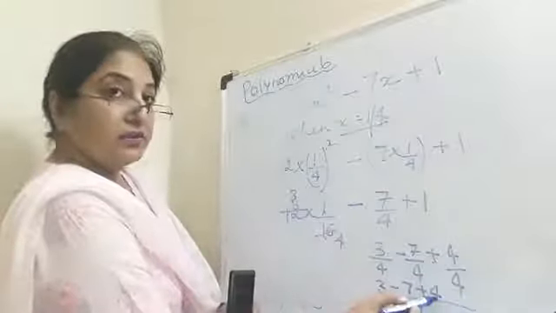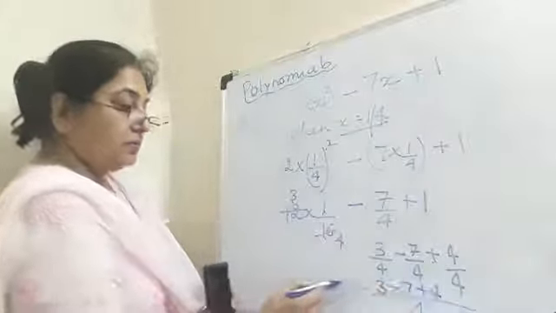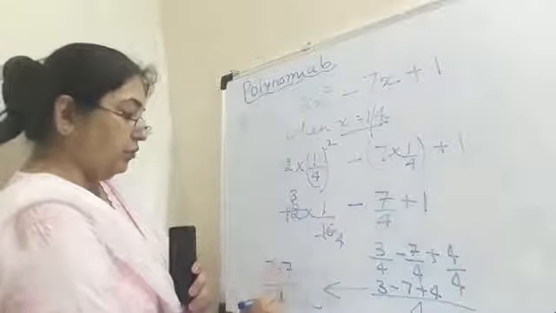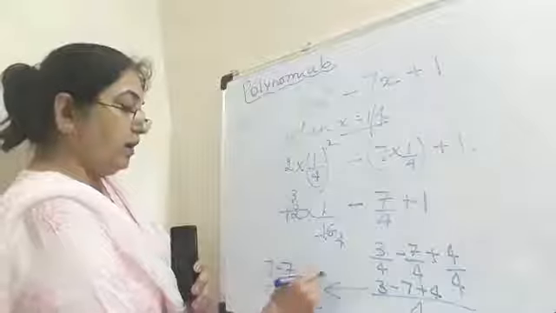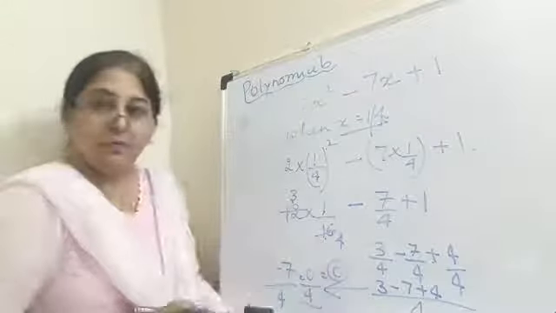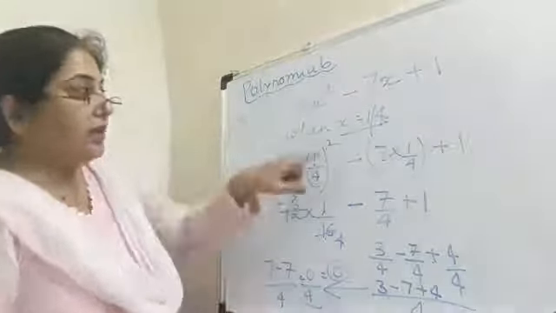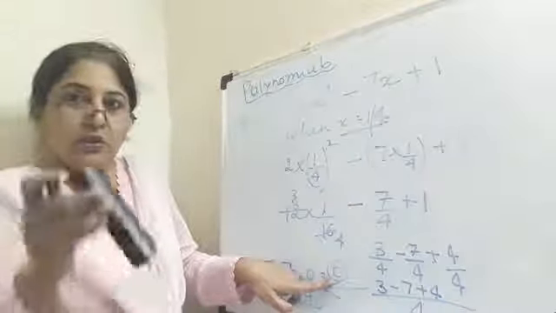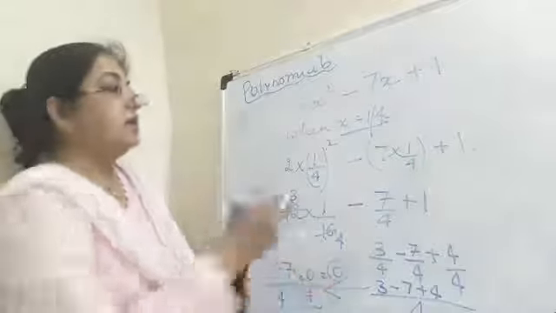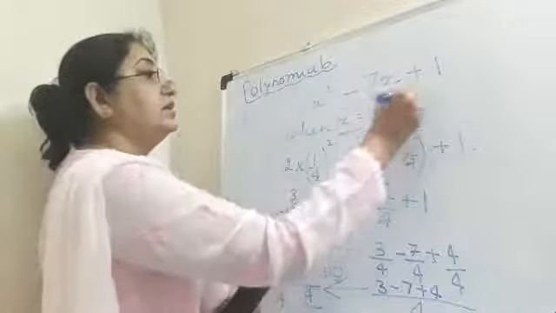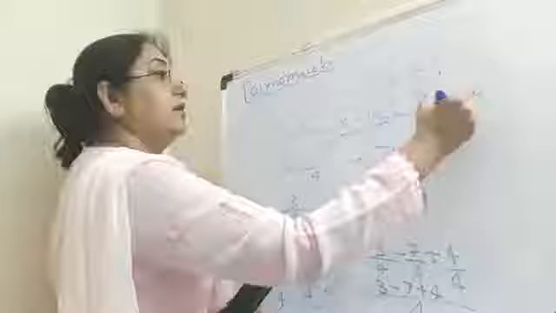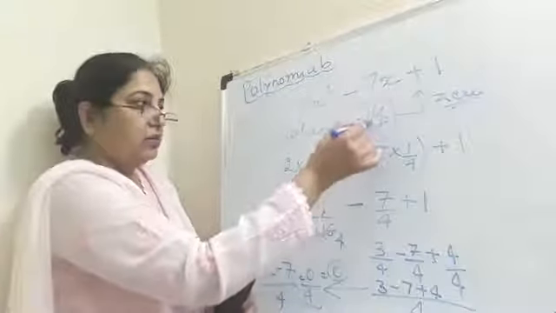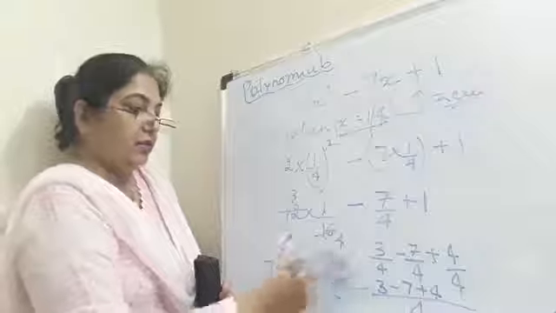What is 3 plus 4? 3 plus 4 is 7, and 7 minus 7 upon 4, which is 0 by 4, and therefore it is equal to 0. Okay, so when we are substituting x is equal to 1 by 4, we are getting the answer 0. So can we say that x is equal to 1 by 4 is the 0 of this given polynomial? Definitely yes, because on solving, we are getting the answer 0.